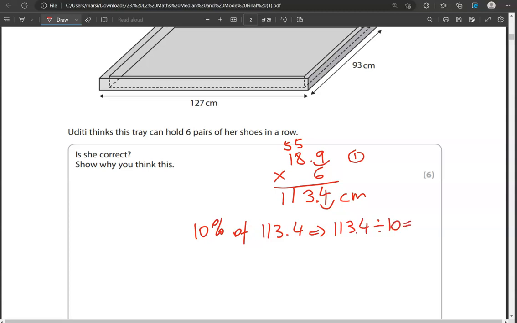And it's a decimal, so we're going to move the decimal point 1 place to the left, so making the number 10 times smaller. So that will be 11.34. So that's the 10%. Now we'll add that on top of 113.4.